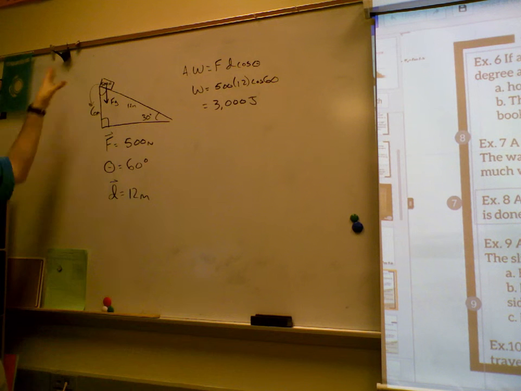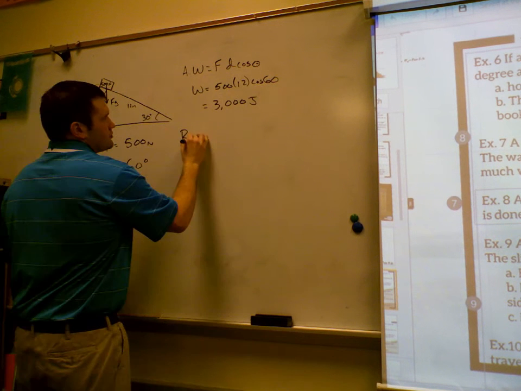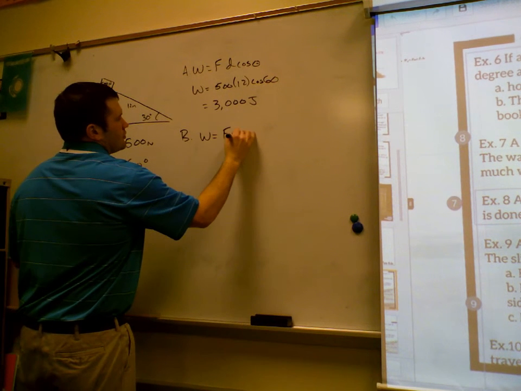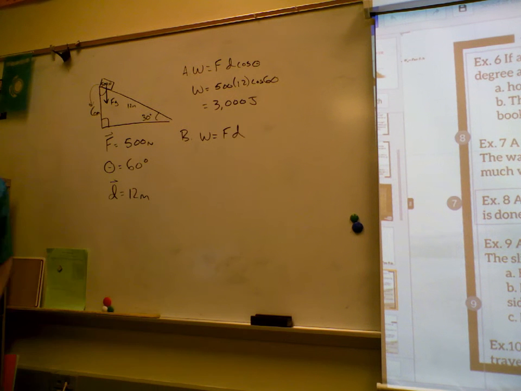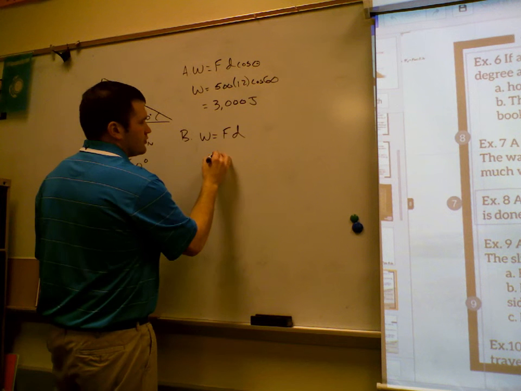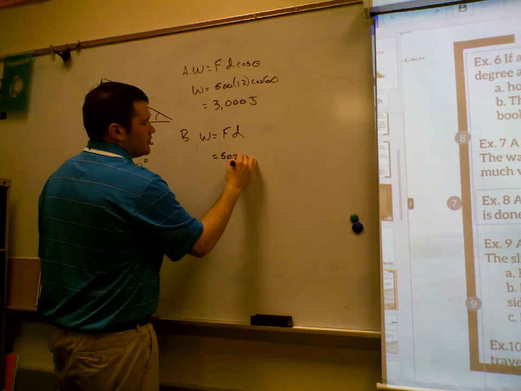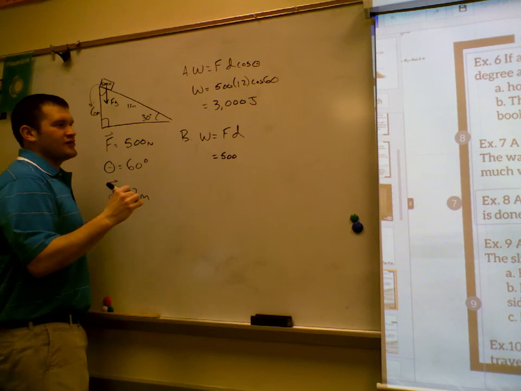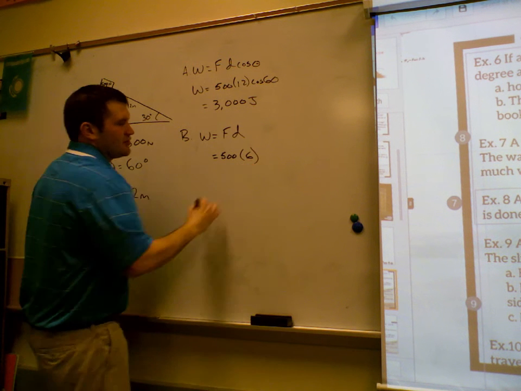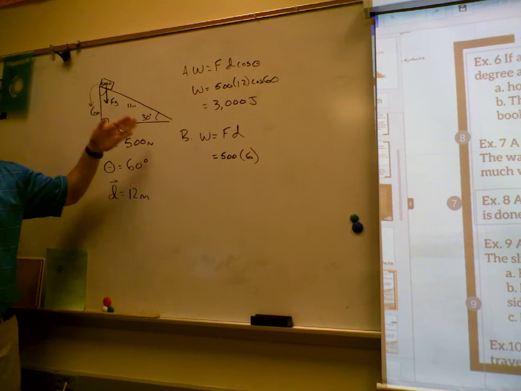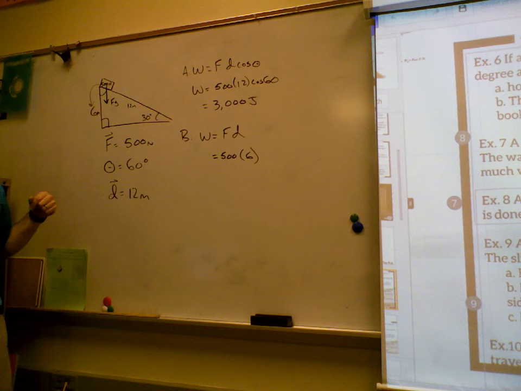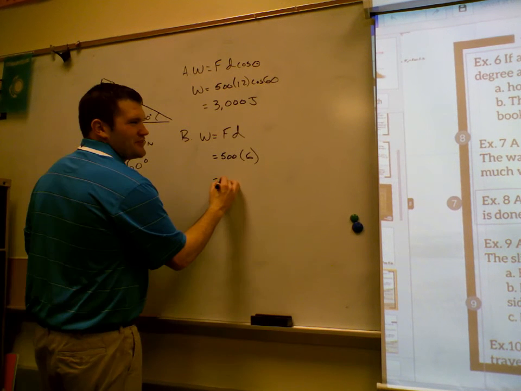So if the bookcase falls the other way, we just do that, don't we? Right? What's the force? 500. What's the displacement? 6. Right? Because now instead of sliding down, we're going this way, aren't we? So what do we get? 3,000.